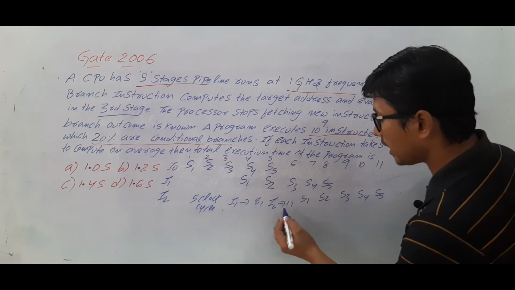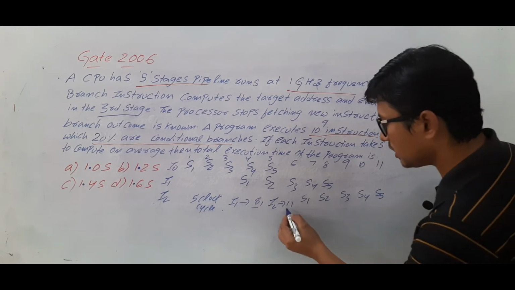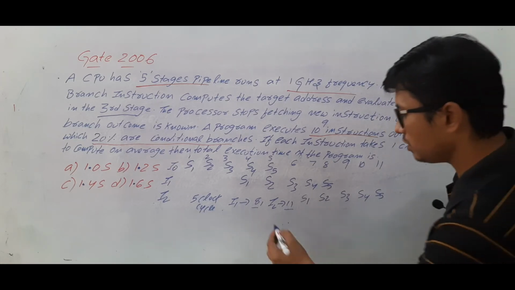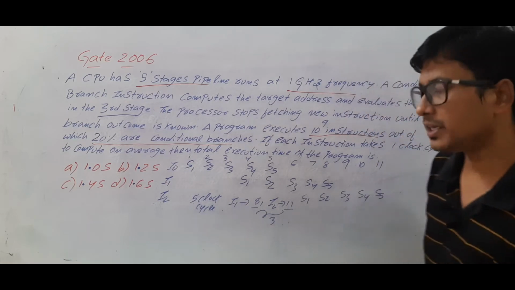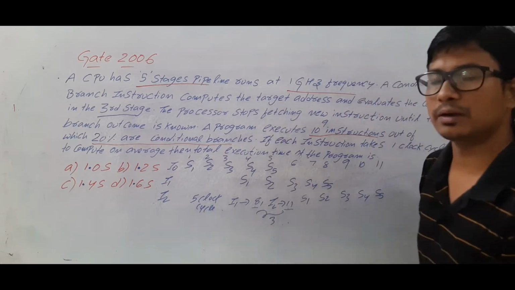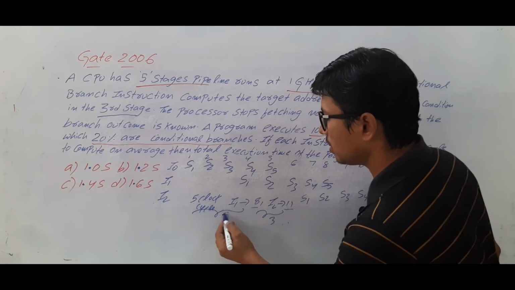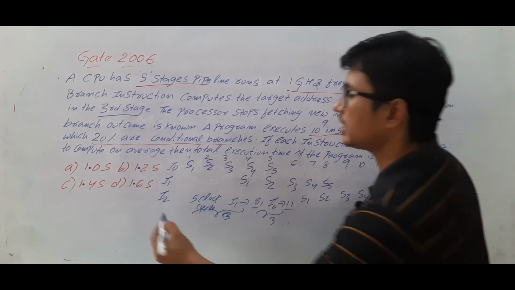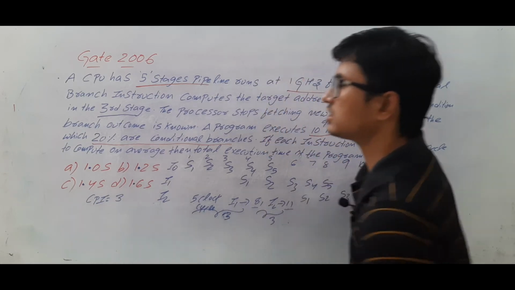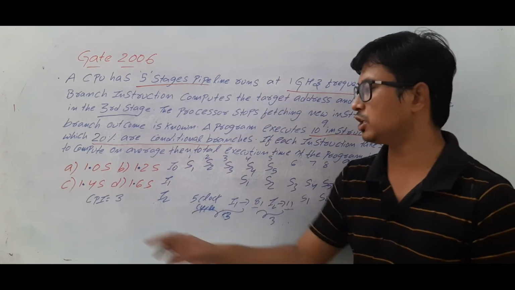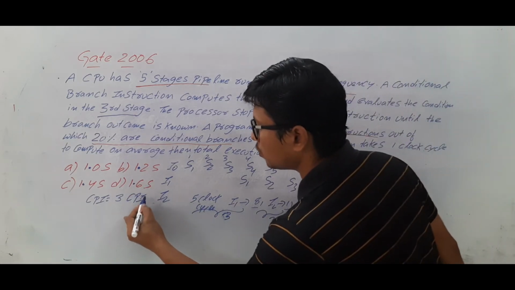Between I1 and I2, what is the difference? I1 is completing at the 8th clock cycle, I2 is completing at 11, so the difference is 3. Similarly, I0 is completing at the 5th clock cycle and I1 at the 8th, so again the difference is 3. Are you able to follow it or not? So I can say that clocks per instruction for a branch instruction in this pipeline is equal to 3. For normal instructions, it is equal to 1.